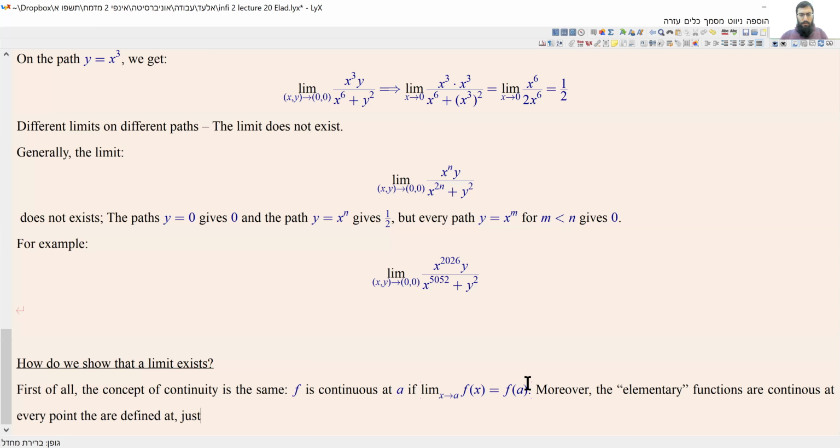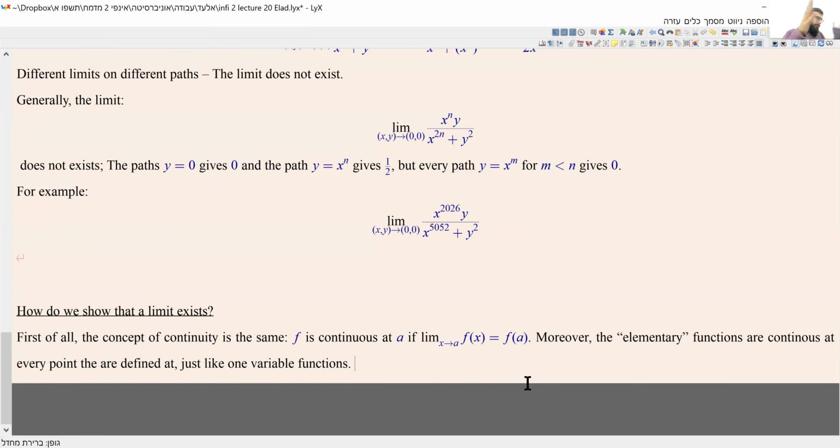Just like in one variable. As I said before, you should, in your head, compare between the one variable functions and the multi-variable functions. What is similar, what is different. It's easier to understand that way.